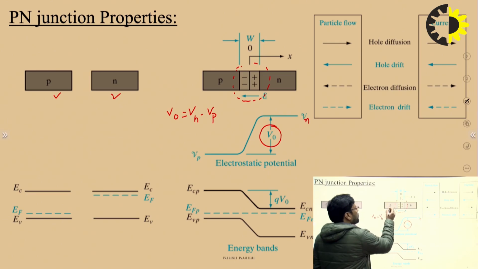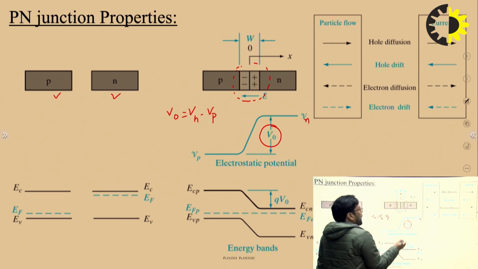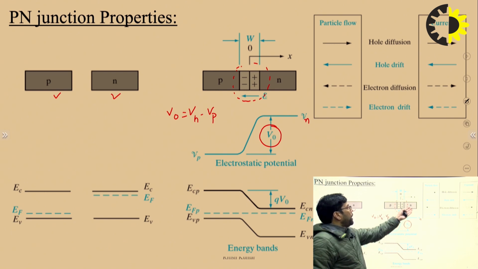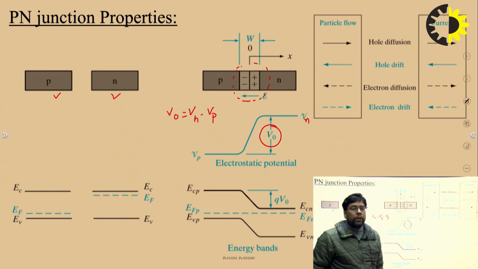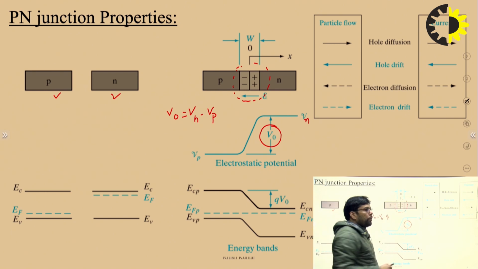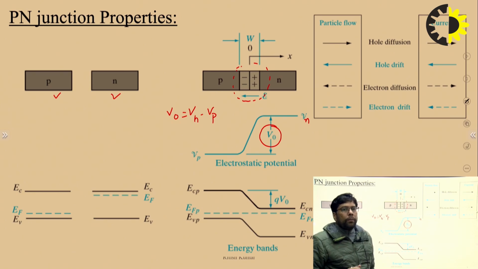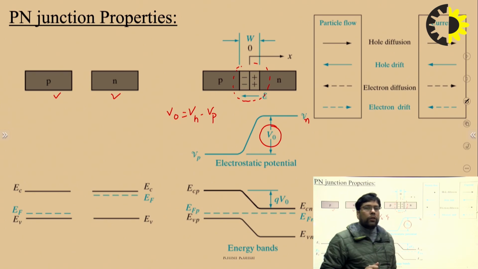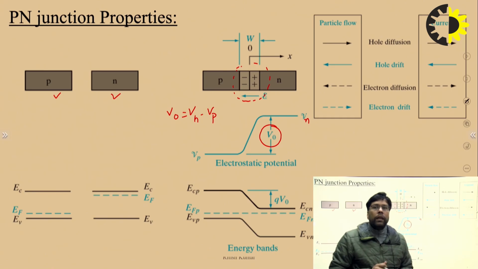So holes move from P type to N type, and electrons move from N type to P type. At the junction, recombination happens between the holes and electrons, and they disappear.